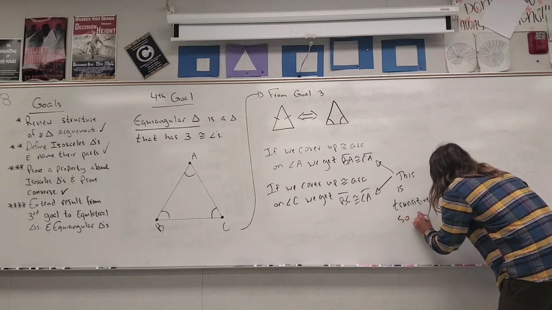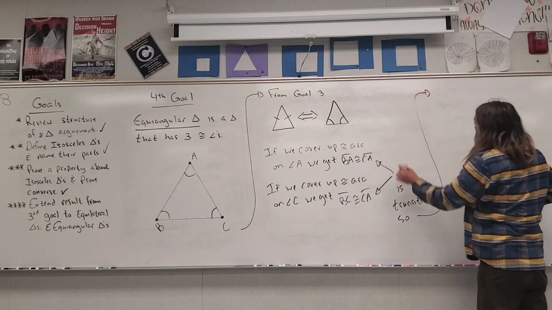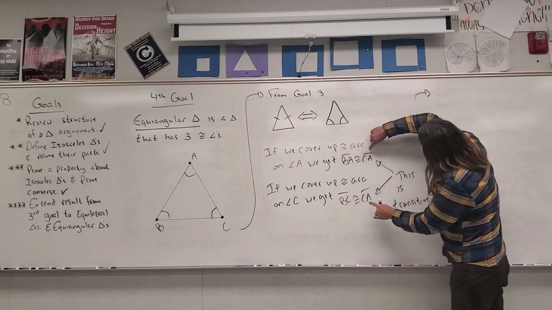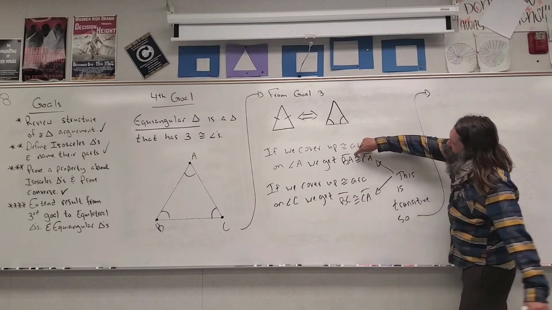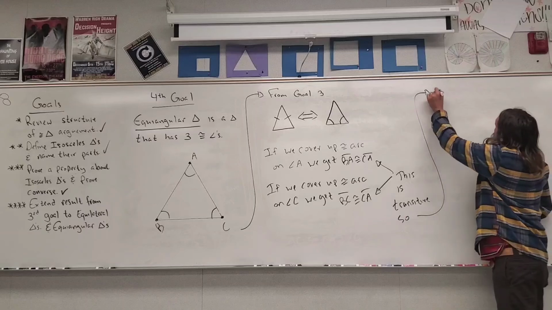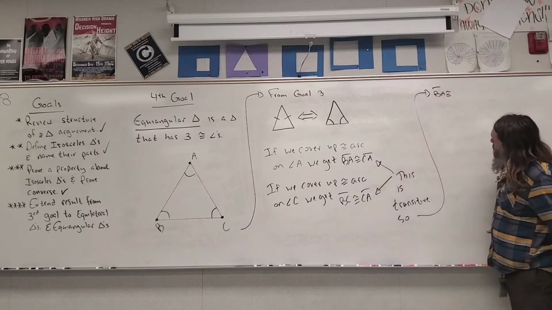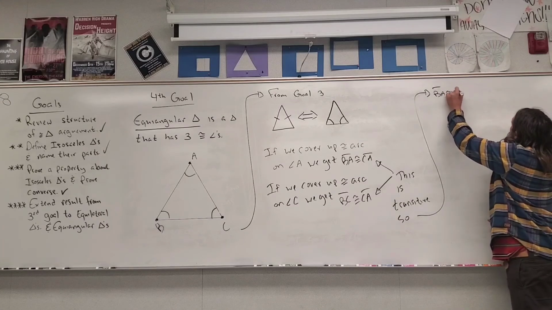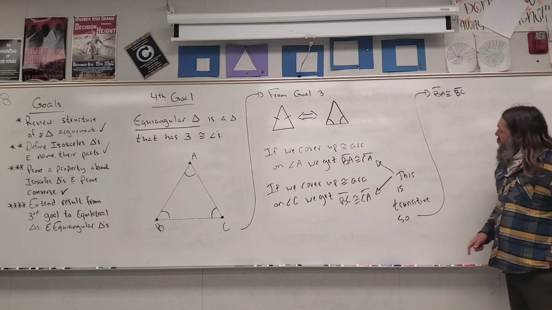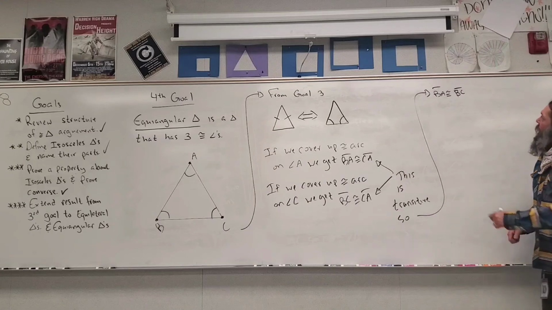So, because 2 things are congruent to the same thing, those 2 things themselves must be congruent. So that means that side BA must be congruent to side BC. We have 3 congruent sides.